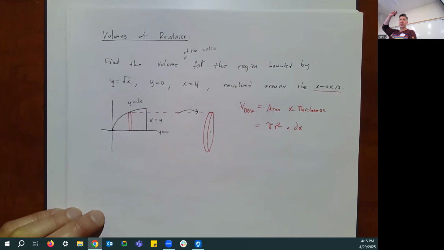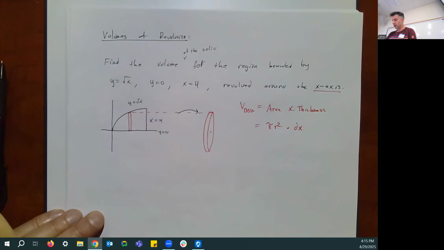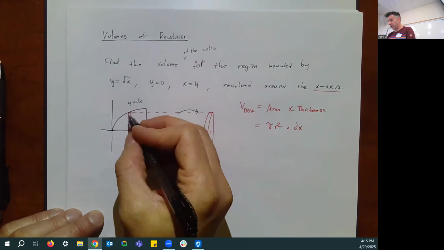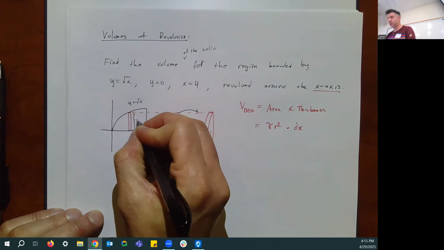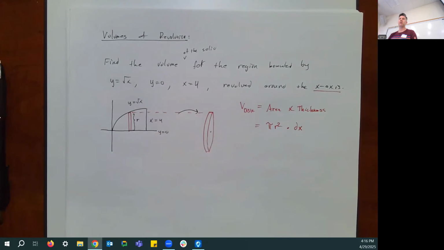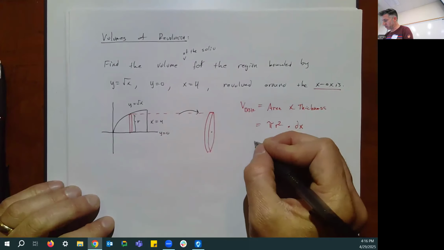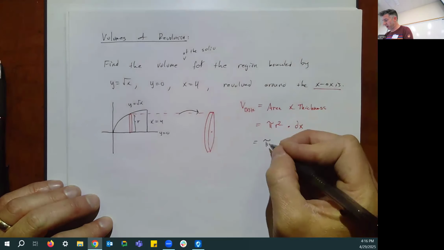Vertical strips always have a thickness of dx. Horizontal strips always have a thickness of dy if we're using usual x and y. But the radius is just how tall the strip is. It's just how far it is from the axis of rotation to the function. So in this case, our radius is equal to just the square root of x.